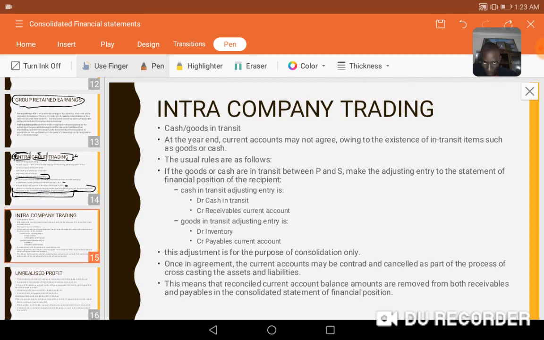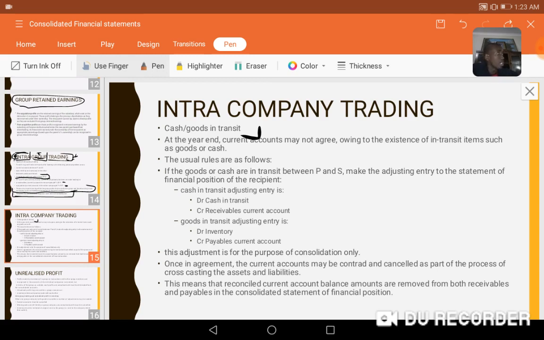So, intra-company trading may result, by the end of the year, in cash or goods in transit. Current accounts may not agree owing to the existence of in-transit items like goods or cash.